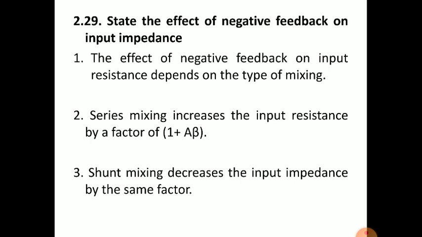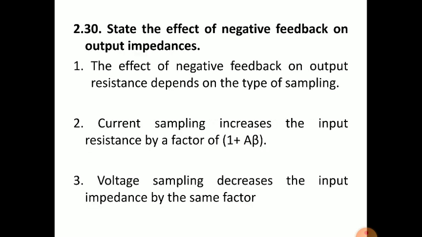So the resultant impedance will increase, and the input resistance increases by a factor of 1 plus A beta. Shunt mixing decreases the input impedance by the same factor, the same 1 plus A beta factor. So shunt mixing decreases the input impedance and series mixing increases the input impedance.